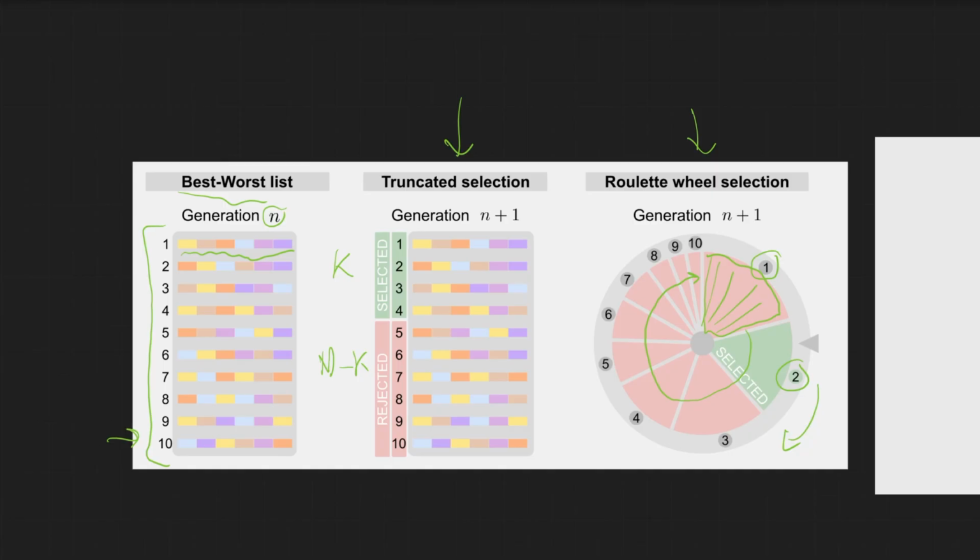All right, so truncated selection is very simple to implement, right? In practice, you just have a sorted list and you take the top k candidates in this list. Roulette wheel selection, on the other hand, is slightly more complicated to implement. Technically speaking, in Python, it's trivial. You just have one line of code.